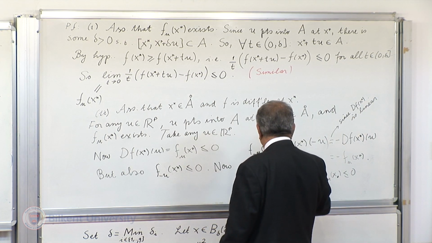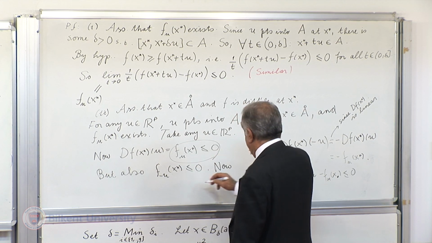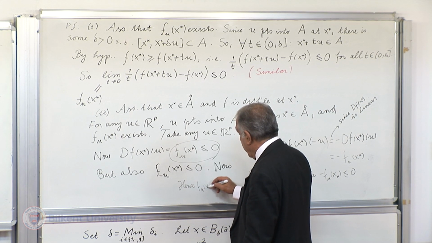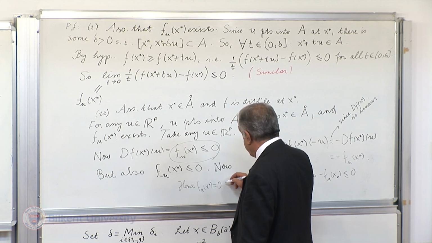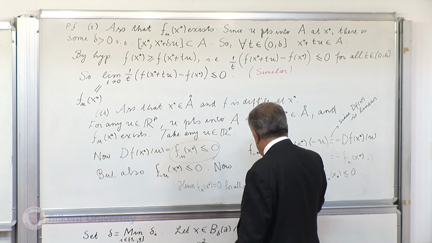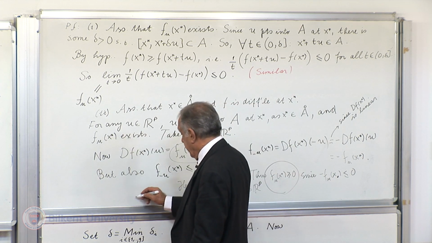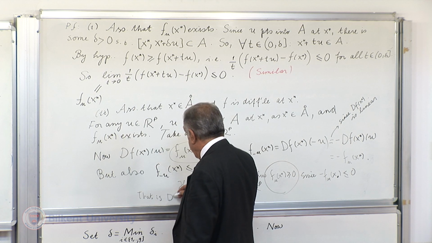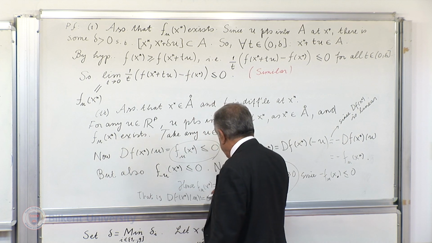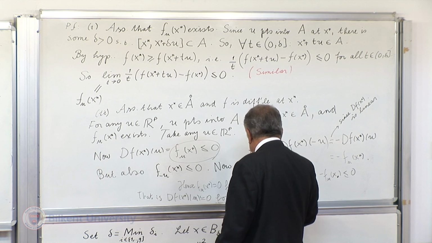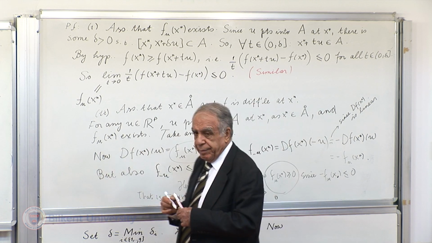But now, combining these two, hence, f sub u of x star is equal to 0 for all u in RP. That is, d of f of x star of u is equal to 0 for all u in RP, which was to be shown.